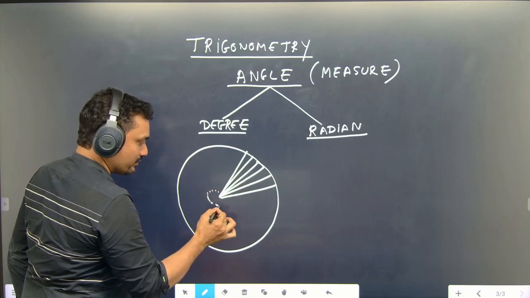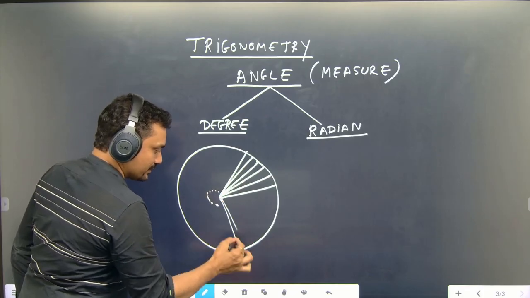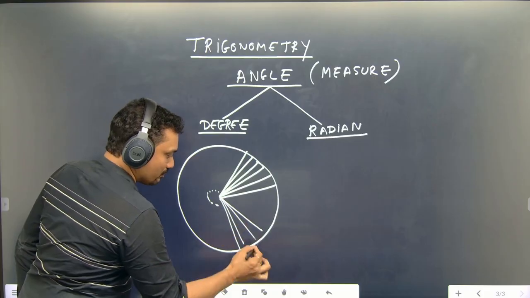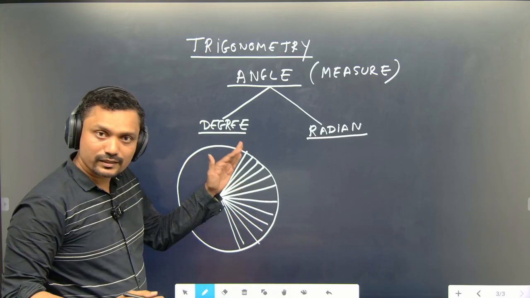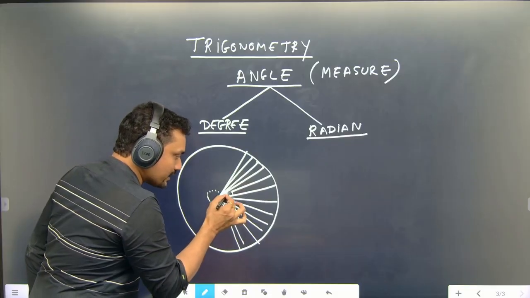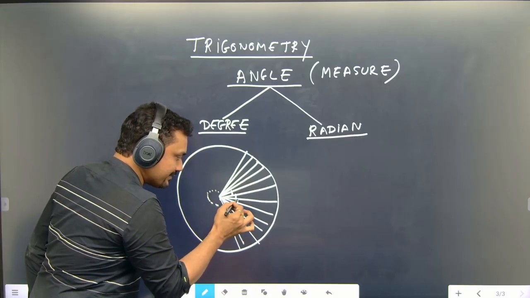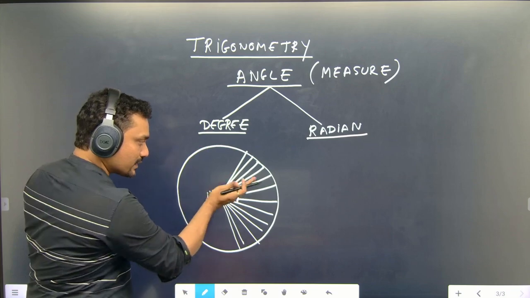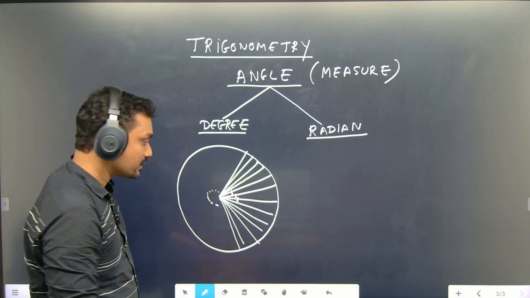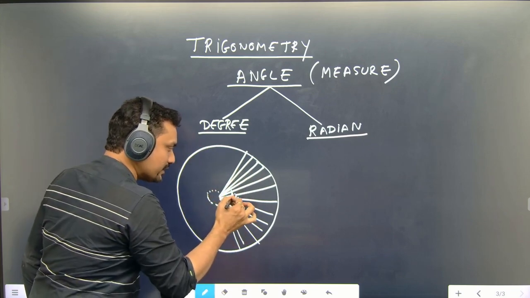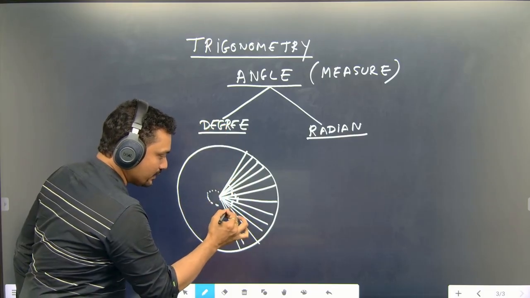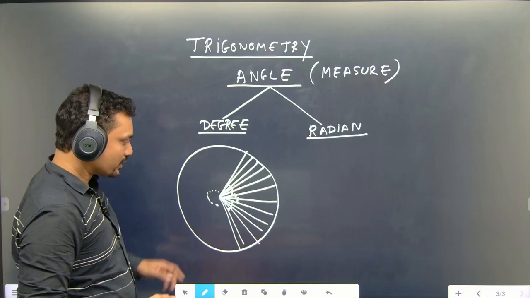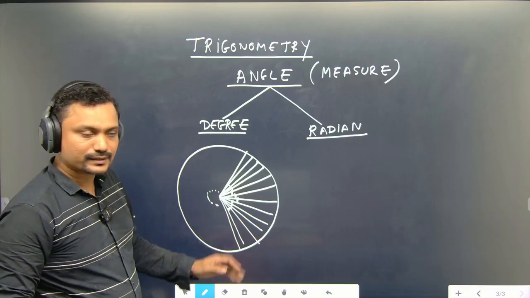So basically, the circle is divided into 360 equal parts, and the separation between each is called 1 degree. So totally there are 360 divisions, 360 degrees. Each division is called 1 degree. Yes. So therefore total division is 360.